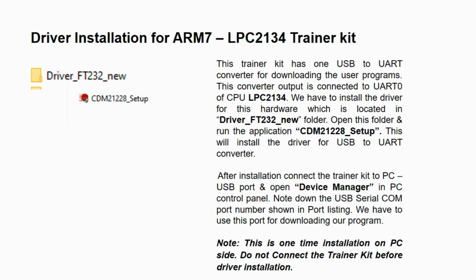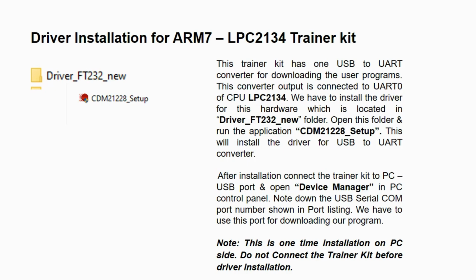Once we have installed the Keil software, we want to proceed with the driver installation of the ARM7 device kit. For that we need to install it using this driver folder. There is a set of files which has been downloaded, and we are just installing it. Next comes the device manager, which shows the connection between the ports.